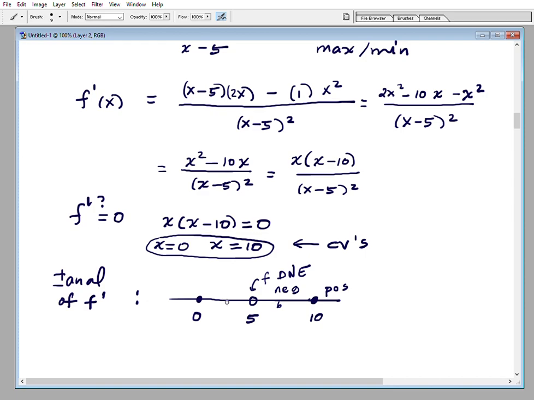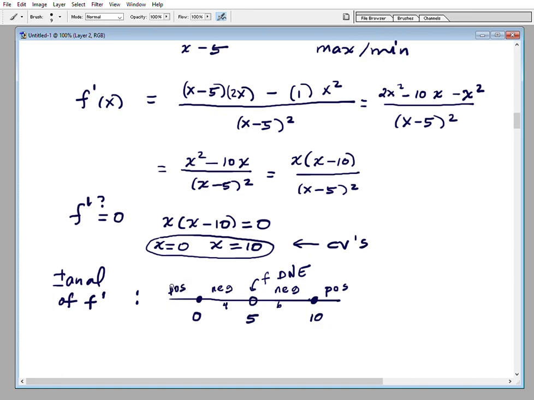Let's say we put in 4. This is always positive, and here we have positive, negative, so again negative. And then less than 0, let's say minus 1, and we have negative, negative, which makes positive.